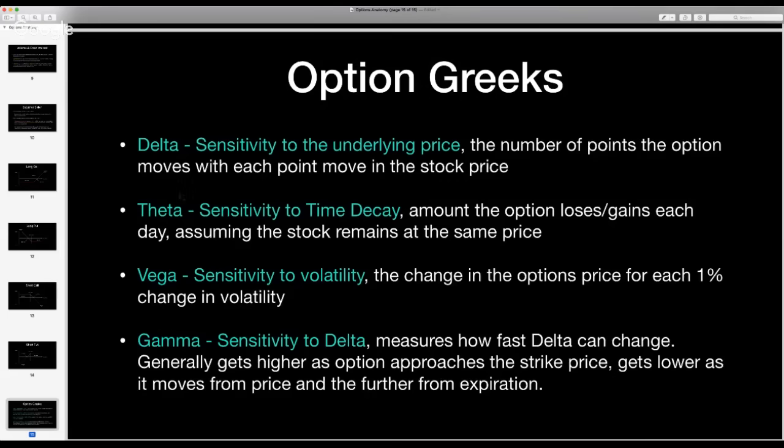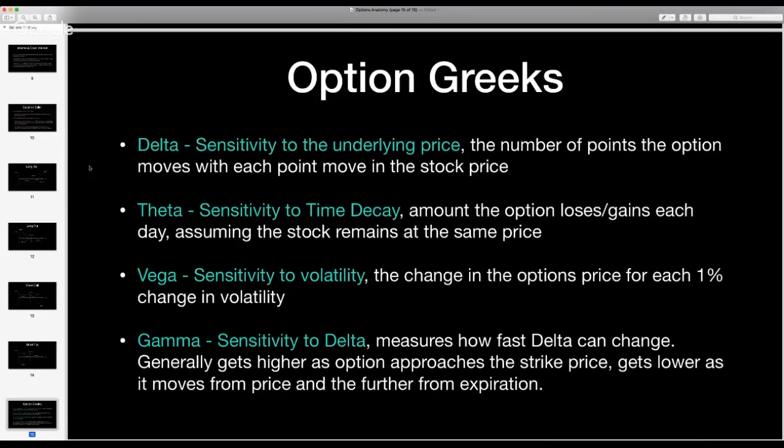And then there's a number of Greeks that also tell you where the price is going and how fast it's going. The delta basically gives you a plus or minus view of just how bullish or how bearish it is.